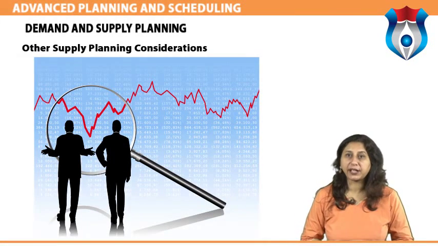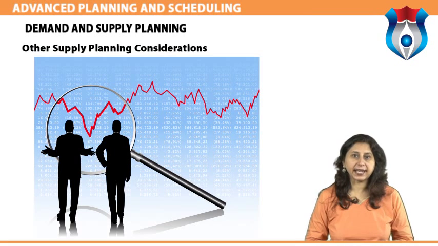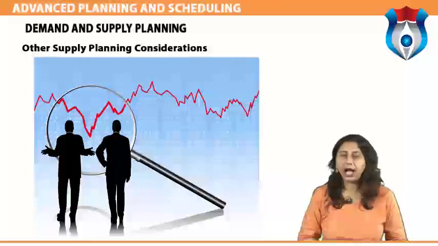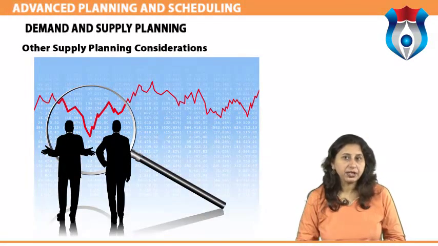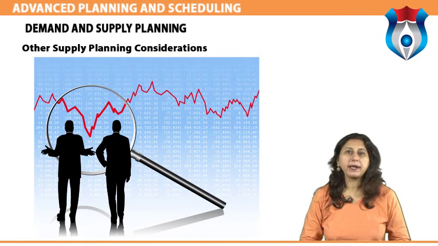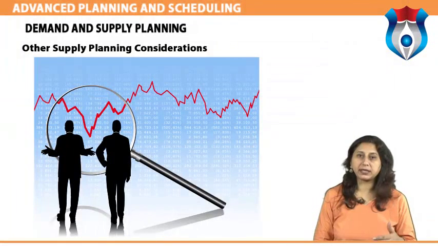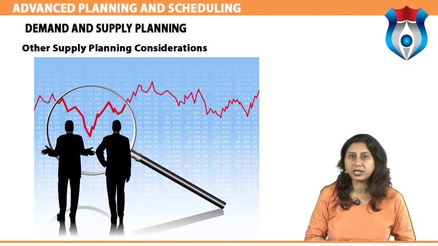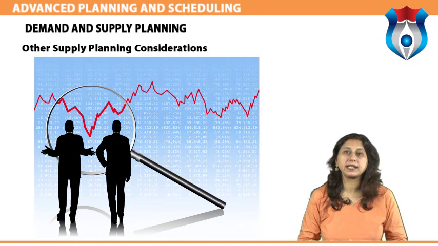Others model manufacturing rather generically. Similar differences exist in distribution capabilities, with some applications allowing different modes of transportation and carriers to be modeled while others do not. From an inventory management perspective, some packages include methods to calculate safety stock and reorder point quantities, while other packages assume these numbers are provided as inputs.